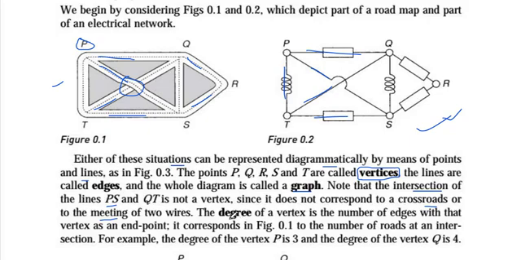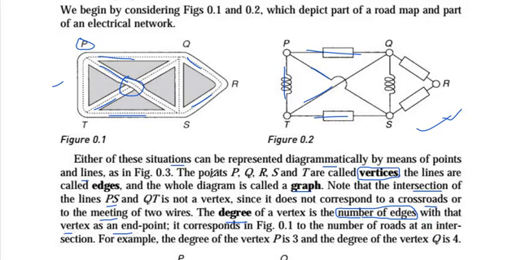Now the next definition: the degree of a vertex is the number of edges with that vertex as an endpoint. We have to count the number of edges with that vertex as an endpoint.